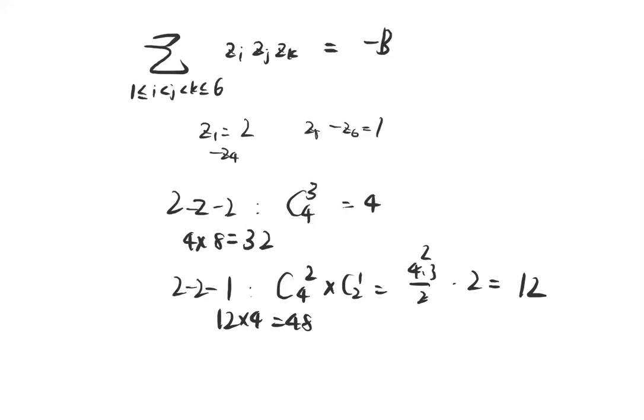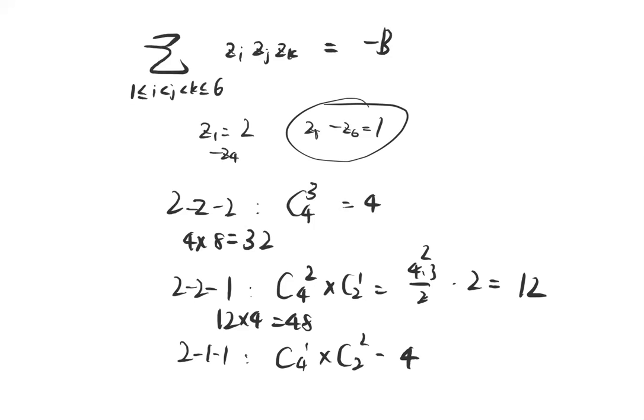The last combination possible is 2, 1, 1. We choose 1 from the 4 twos, and we have to choose the only 2 roots whose value is 1. So there are only 4 ways to do this.